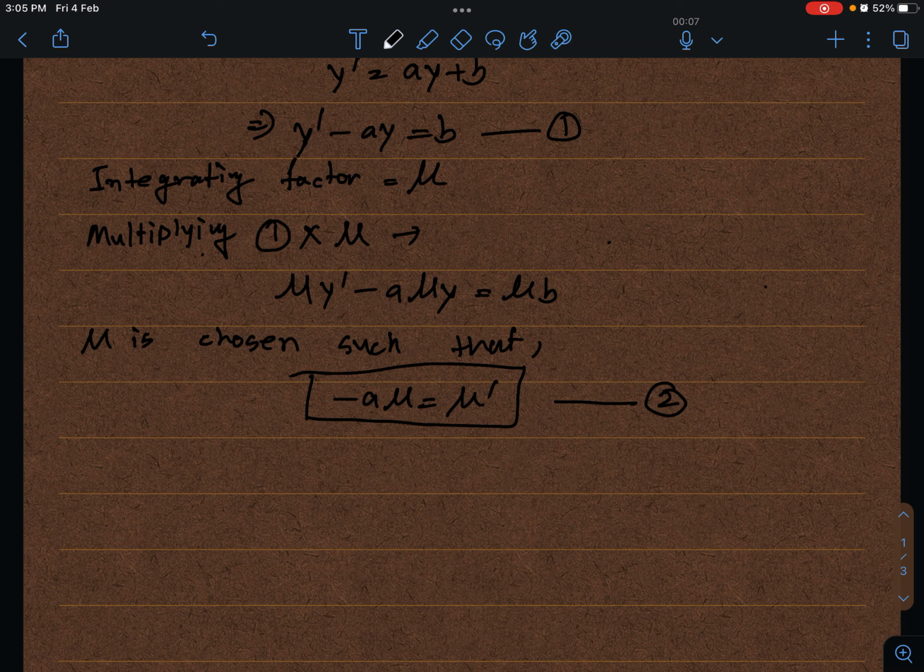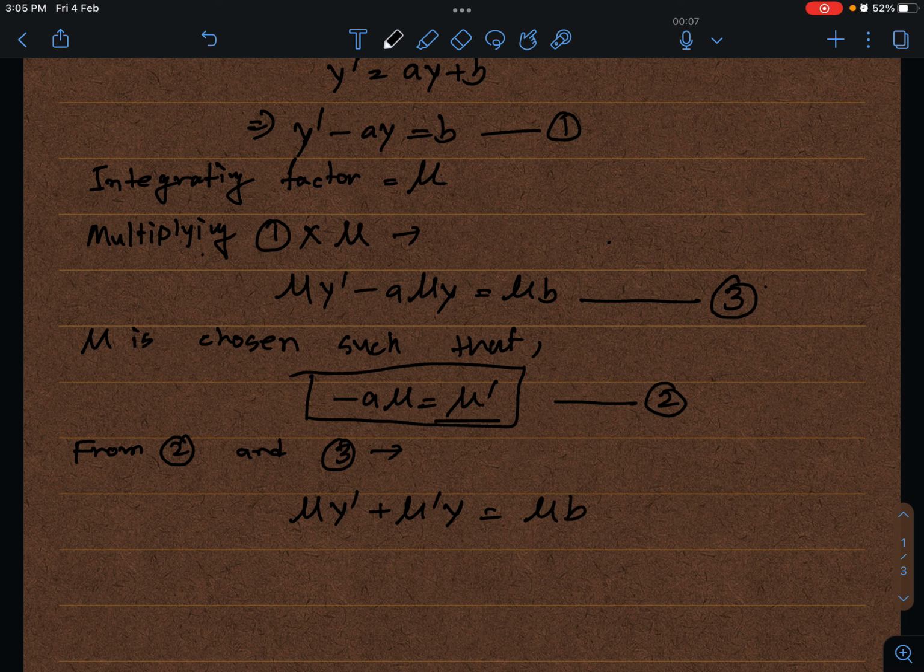If we rewrite the value of mu prime in this equation, let's say this is 3. So from 2 and 3 we can write that mu y prime plus mu prime y equals mu b.